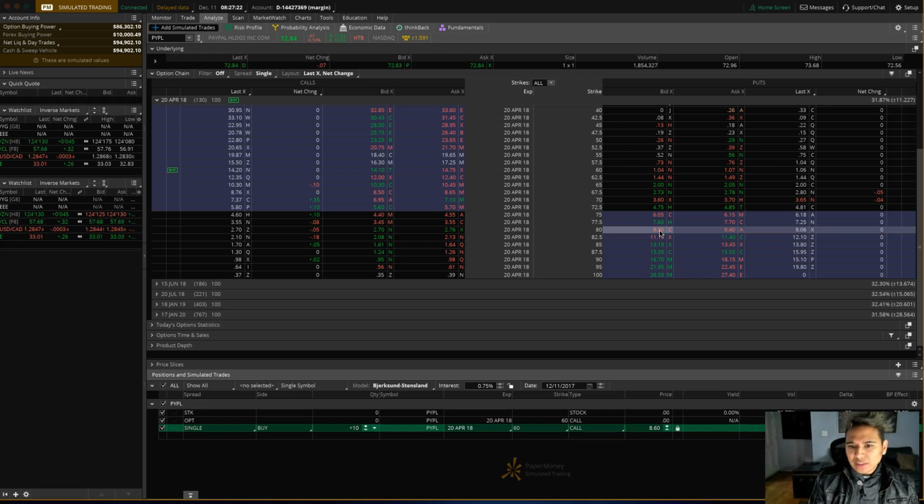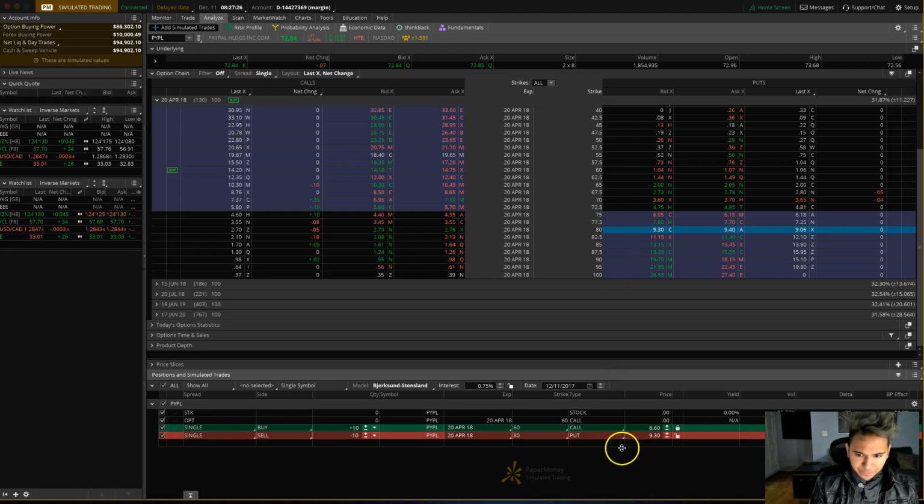So let me see what would happen if I want to sell the in the money put, excuse me. So then sell the put here at 930, and now that I'm selling the put, maybe I just want to buy the put to cover. So let's see what that would look like. This is where you can get pretty creative with options.